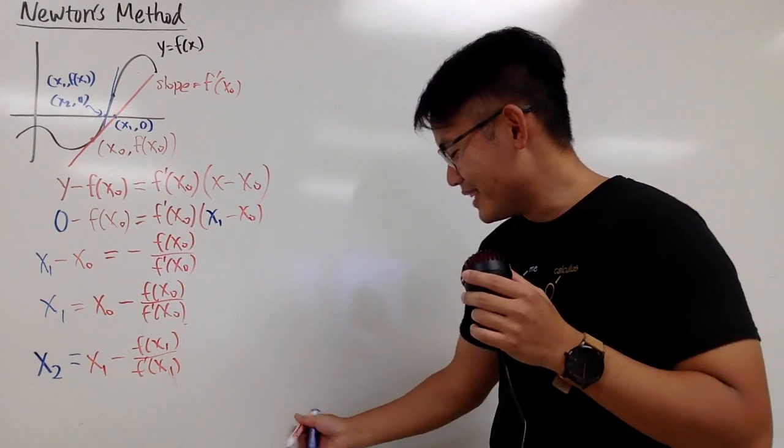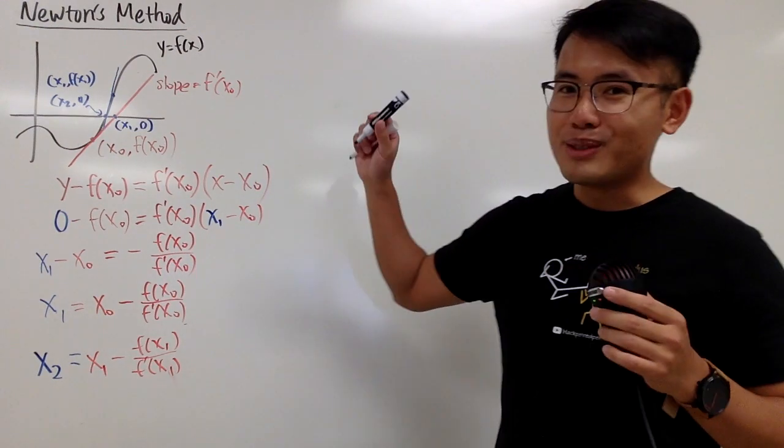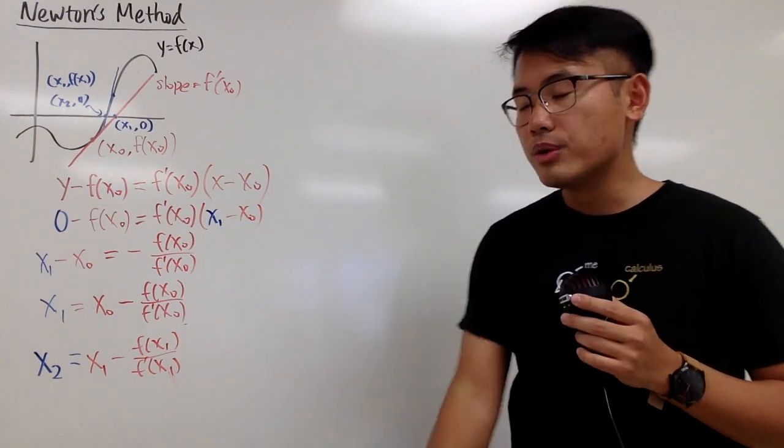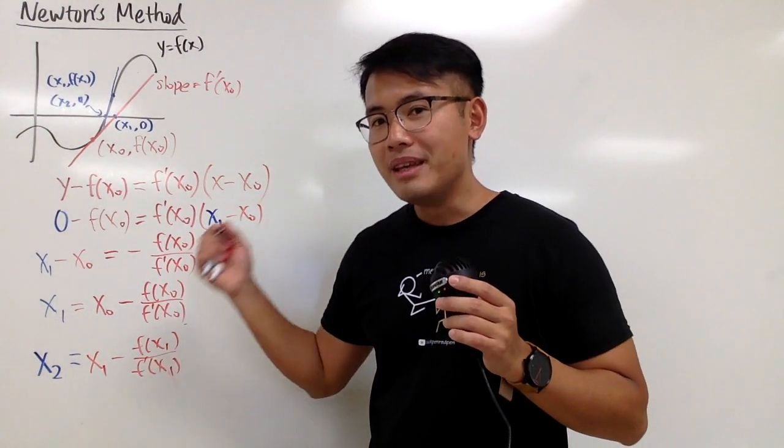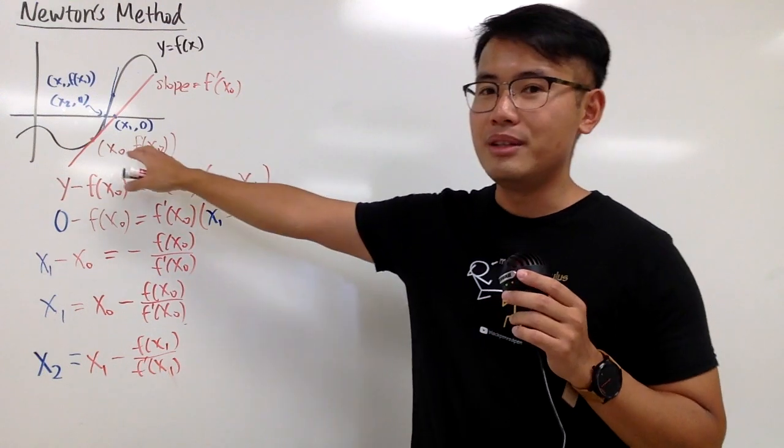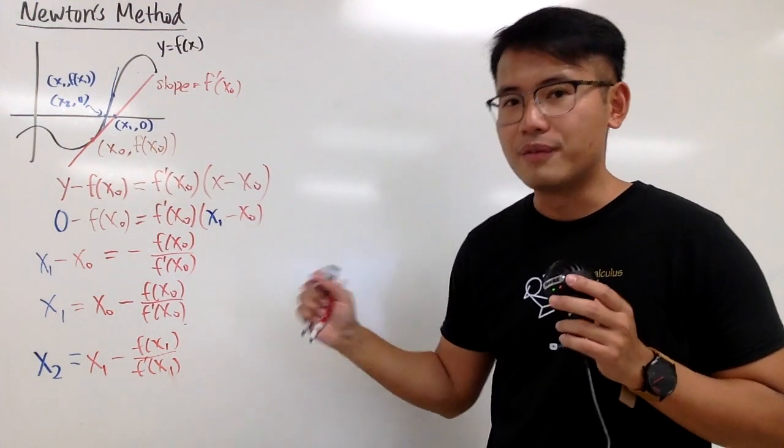So hopefully you guys will see that you just do this as many times as we need to, and this process, if we are lucky enough to have a good initial x value, is going to converge.